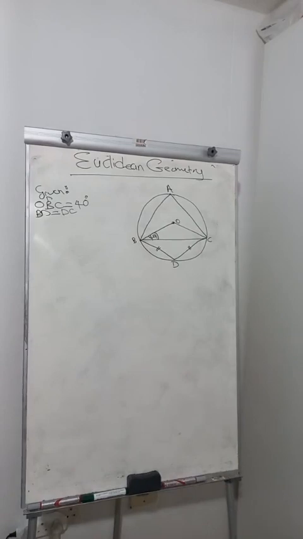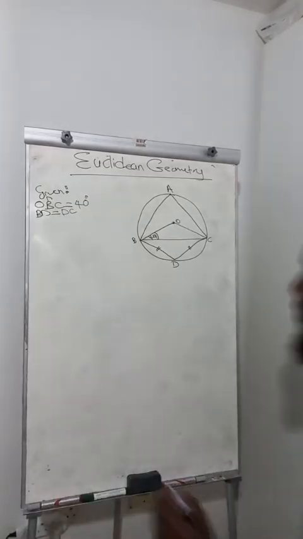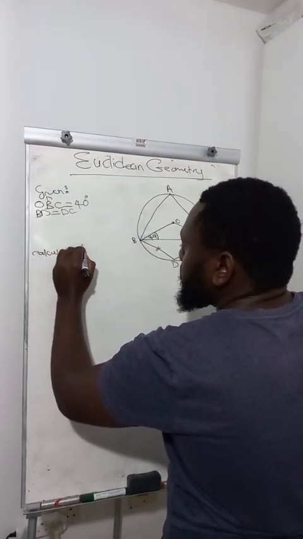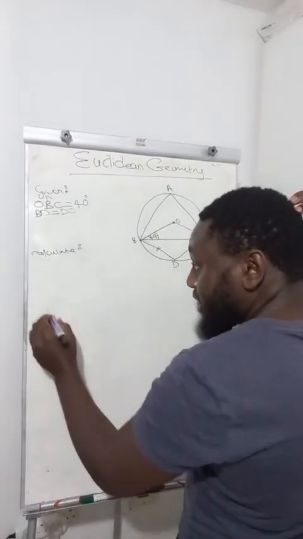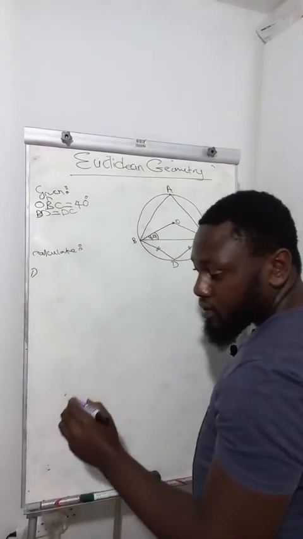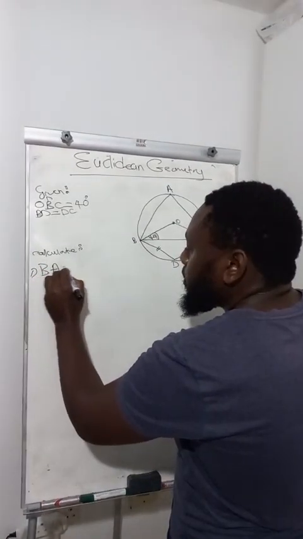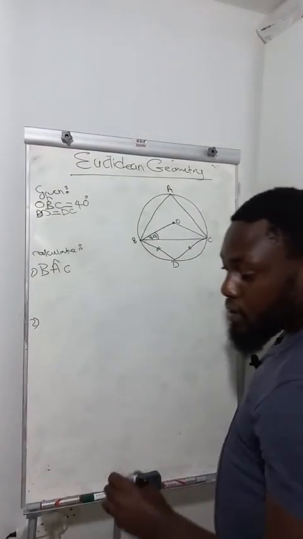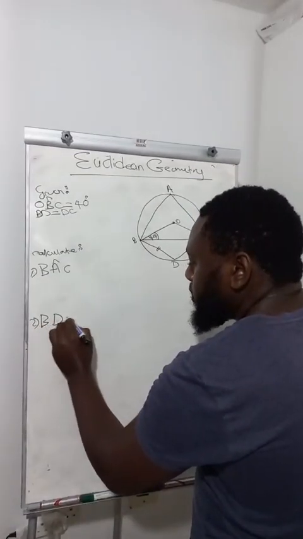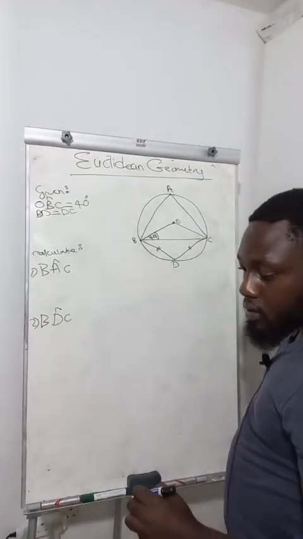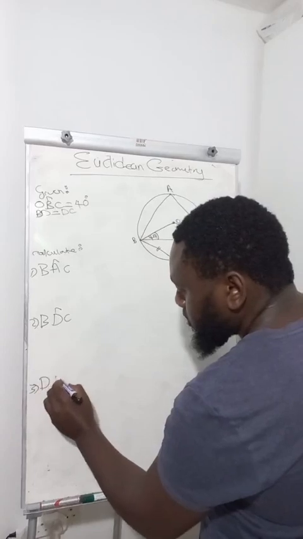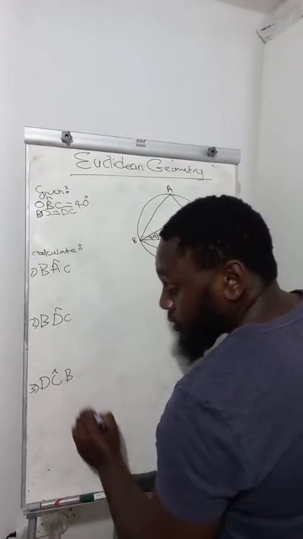So now, what is the question saying? The question is saying calculate, with reasons, first angle BAC, then angle BDC, and then the third one, angle DCB.